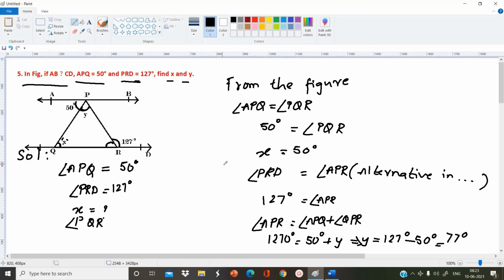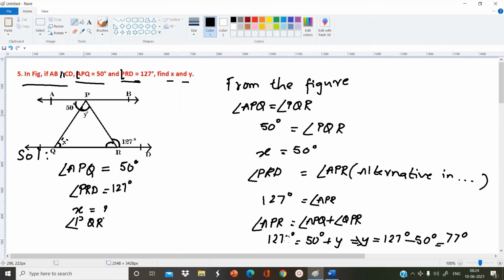Okay, right. Once again look at the question here. What is given? In the figure, AB is parallel to CD, and angle APQ is given, and also angle PRD is given, and we have to find out X and Y. And we know that these two are parallel lines, and here one line is intersecting the two parallel lines, and that line is called a transversal line.